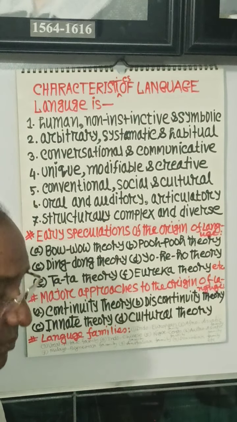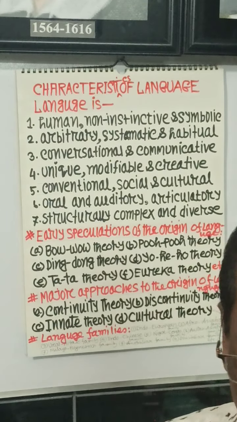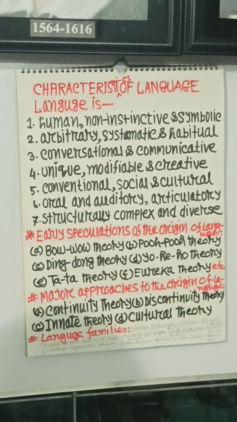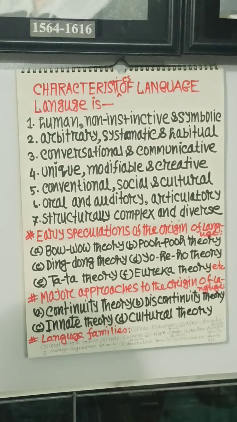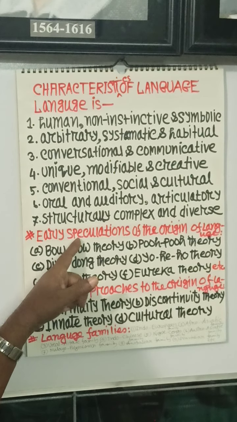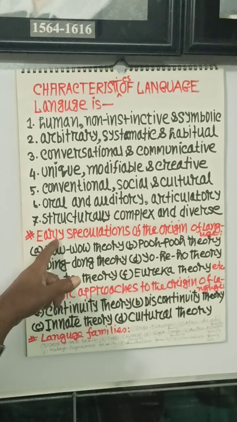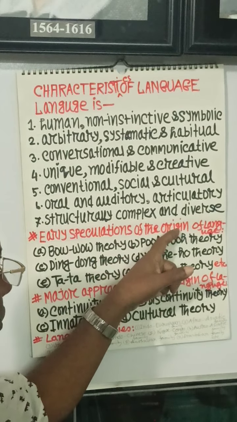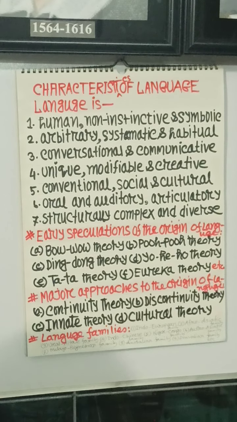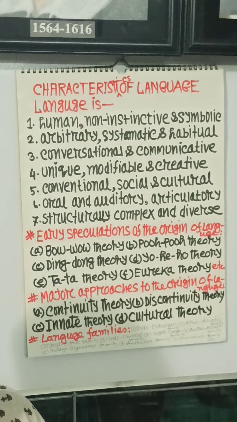Now, I want to just mention, but it is not possible to discuss today. In the next class, we shall discuss some other important factors that I have mentioned here, early speculations of the origin of language. There are many theories and speculations about the origin and evolution of language.